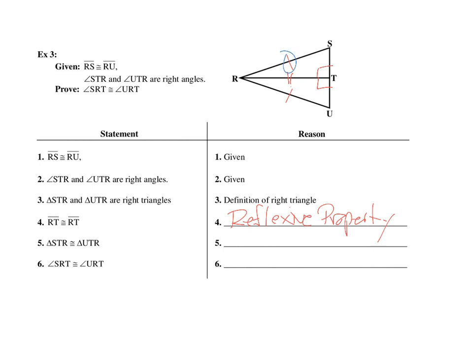The hypotenuses are congruent, and one pair of legs is congruent. So the triangles will be congruent by HL. Alright, and now that I know the triangles are congruent, I can state that angles SRT and URT are congruent. By what reason? CPCTC.